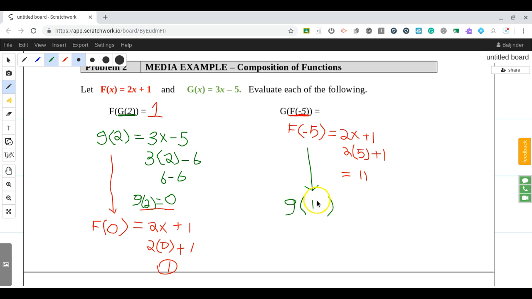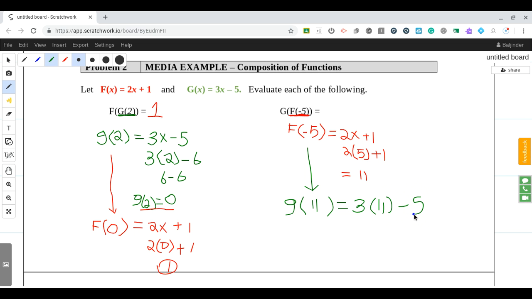So f of negative 5 is equal to 11, and that's where we're replacing the f of negative 5 with this inner function. We can calculate g of 11 using the g function, which is color-coded here in green. So that's 3 times 11 minus 5.